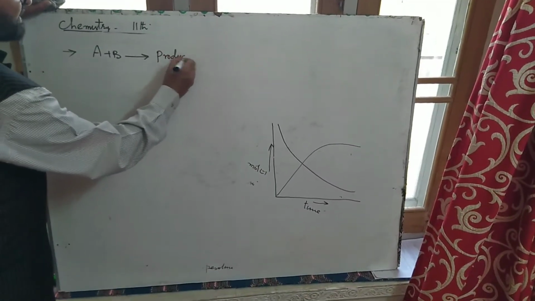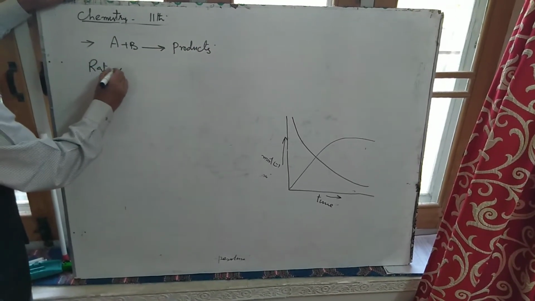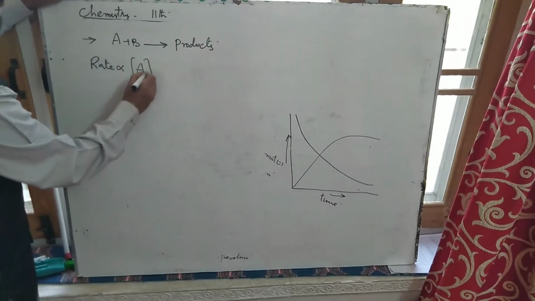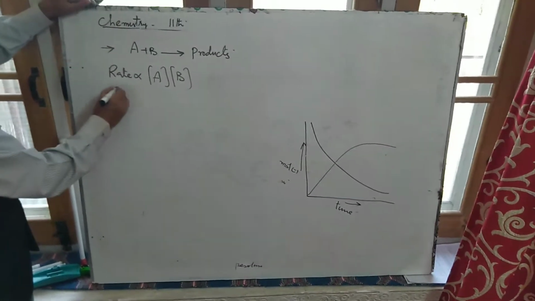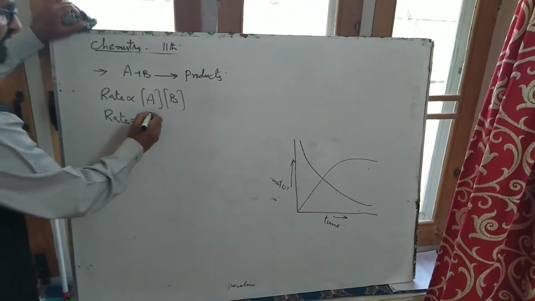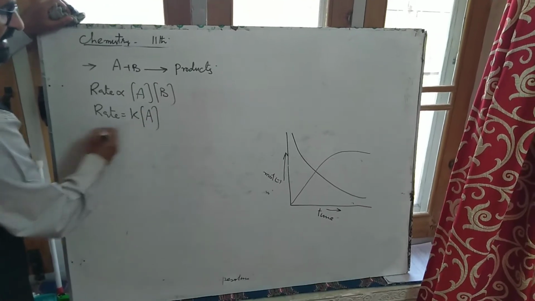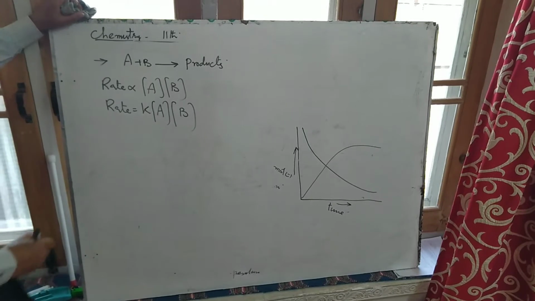As per the law of mass action, rate is proportional to the concentration of A into the molar concentration of B, written in square brackets. Now rate is equal to K, the velocity constant, times the molar concentration of A into the molar concentration of B, that is, active mass of A into active mass of B.